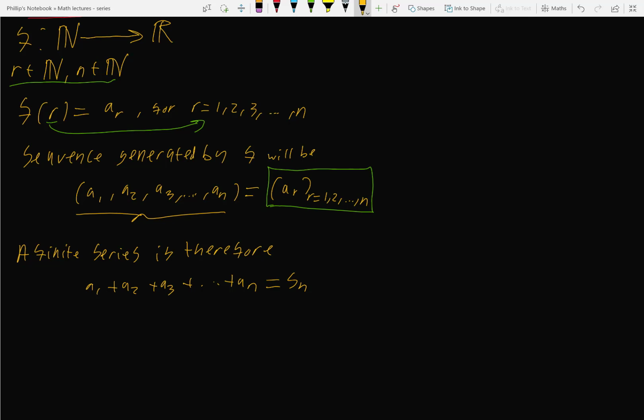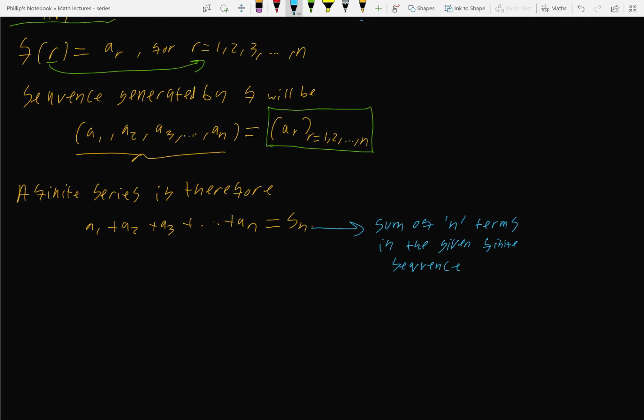Now we can also show the sigma notation for Sn in a minute. This just means the sum of n terms in the given finite sequence, and that is obviously what I've just called Sn.